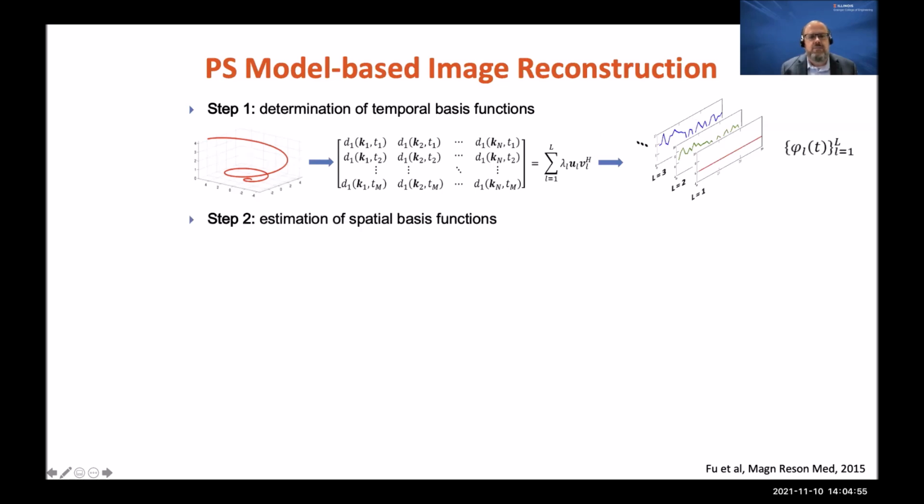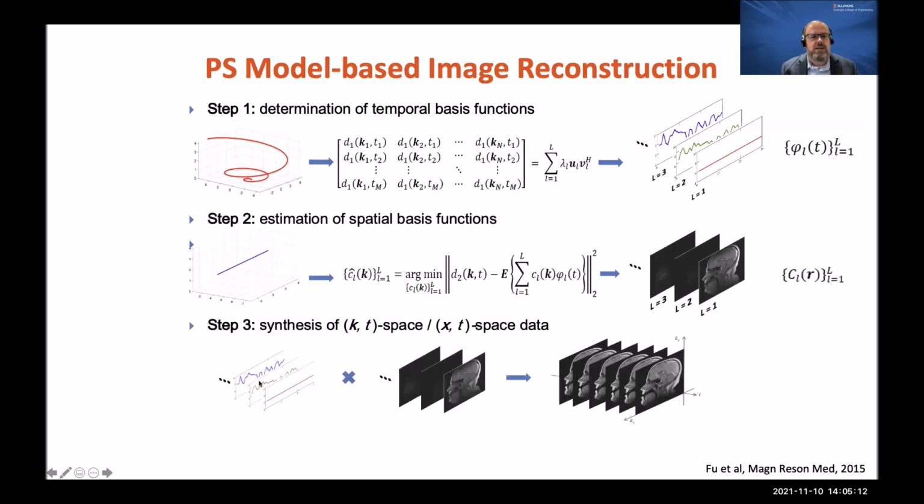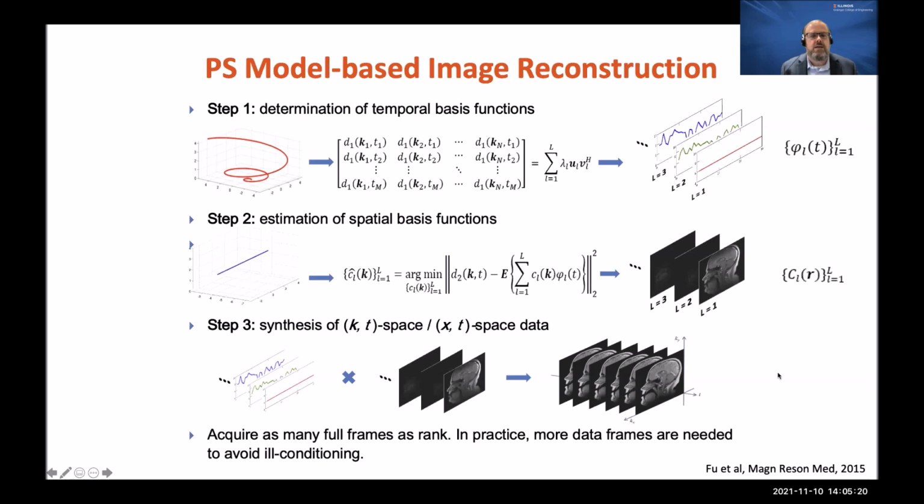And then I use those temporal waveforms, and I go back and estimate the spatial maps from the imaging data, which is really high fidelity imaging data sampled specifically for the purpose of getting really good images. And now I just have to estimate those L spatial maps to go with that. So I end up with L spatial maps. And when I'm done with that, I take those time series and the spatial maps, and I mix them back together, and I end up with my four-dimensional data set in order to do the dynamics.